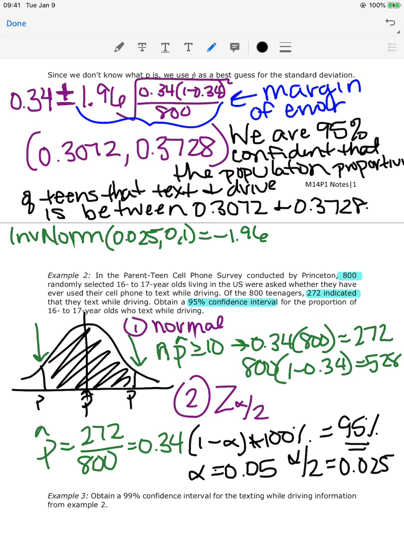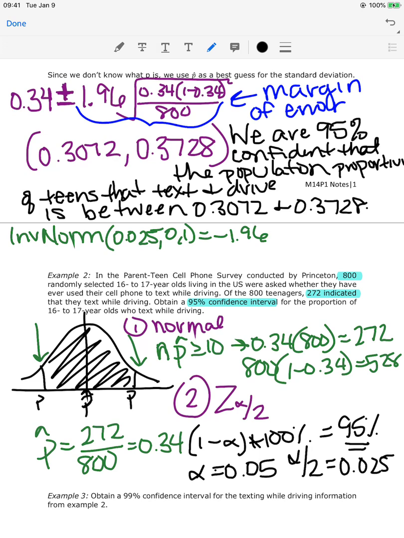If you want to turn those proportions into percentages, that's fine with me. Okay, so we're saying that we are 95% confident, or there is a 95% probability that the actual proportion of teenagers that drive and text is between roughly 31% and 37%. I don't know exactly what that population proportion is, but I'm 95% confident that it's between those two numbers. And that's a confidence interval.